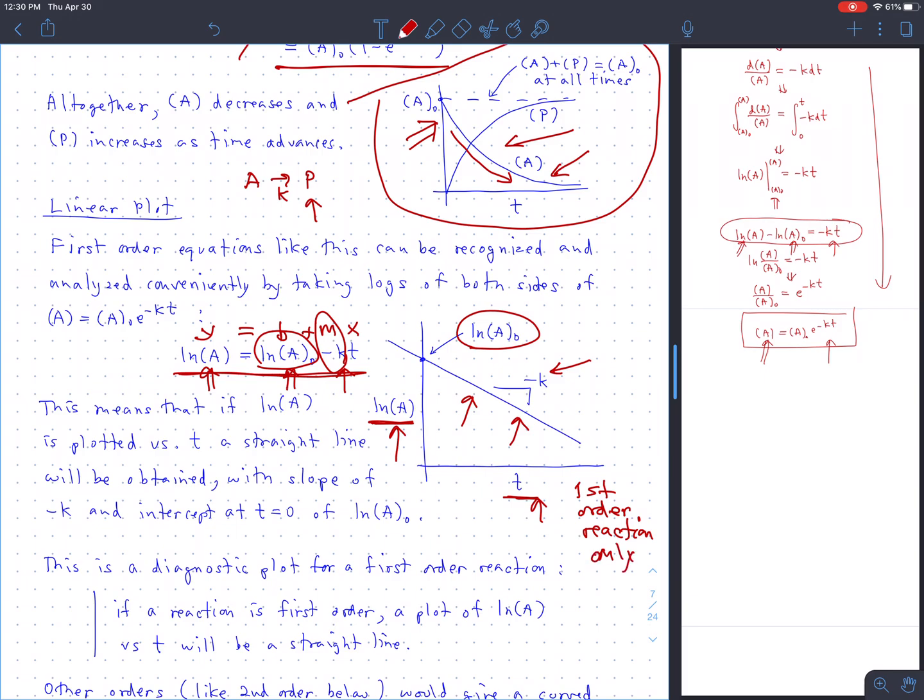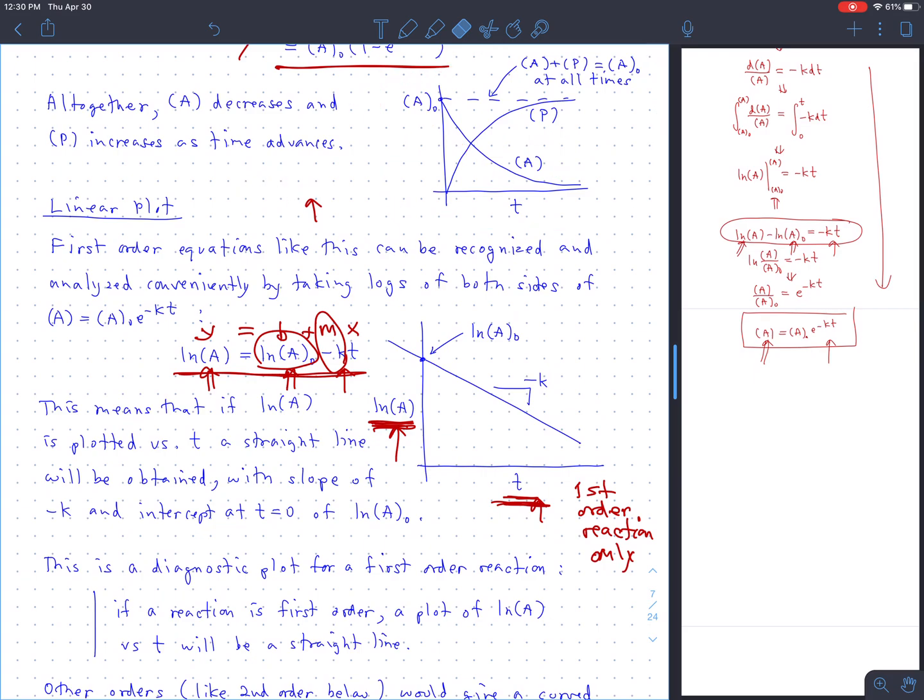And that means that this kind of plot, log A versus t, is a diagnostic plot for first-order behavior. If you make some experimental measurements or you're given some data in a homework problem, let's say, and that behavior gives rise to a plot that's decaying like this, and you want to know if it's really first order or not, well, there are other, easier tests than this one, but one way of answering that question is to make a plot of log A versus t and see if it gives you a straight line.